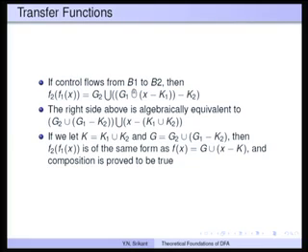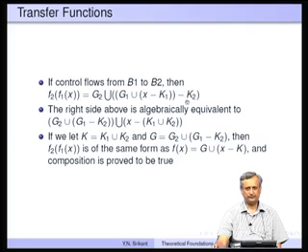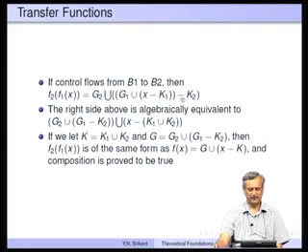Suppose control flows from B1 to B2, there is an arc from B1 to B2 in the control flow graph. Then whatever comes to basic block B2 is the output of basic block B1. So we look at f2 of f1 of x. f1 processes the input x and the output is given to f2 as input.